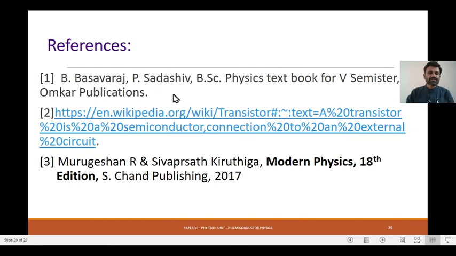But for this material I have used this one, and Wikipedia I have used in part for collection of material, and a beautiful reference book by Murugeshan R and Shiva Prasad, the 18th edition of S. Chand publishing, 2017. You can refer to many other books.